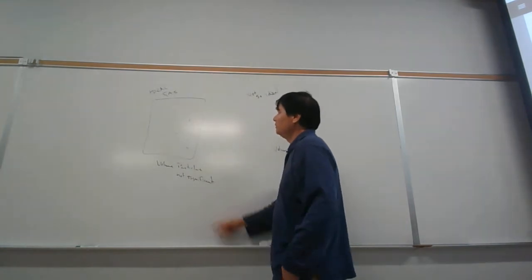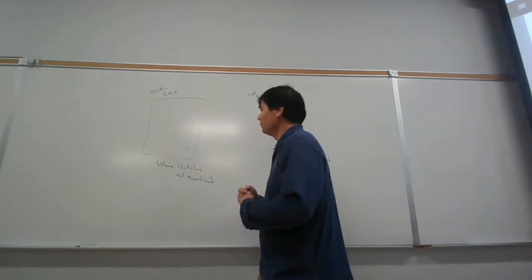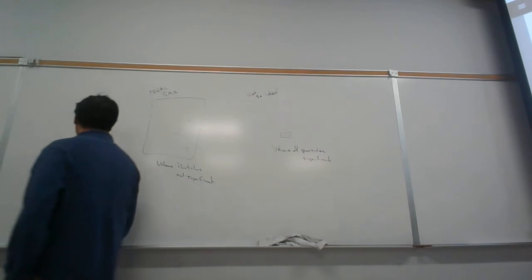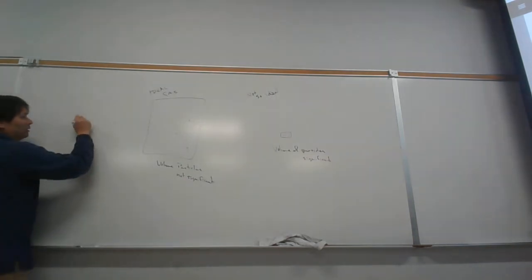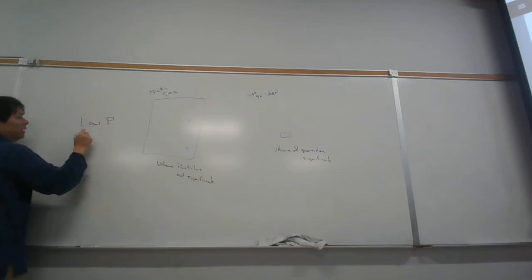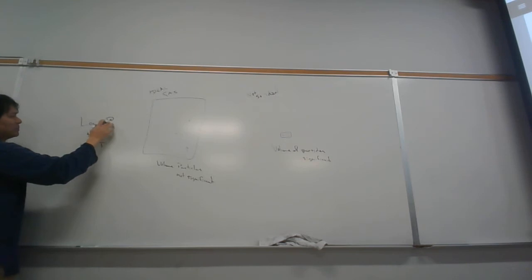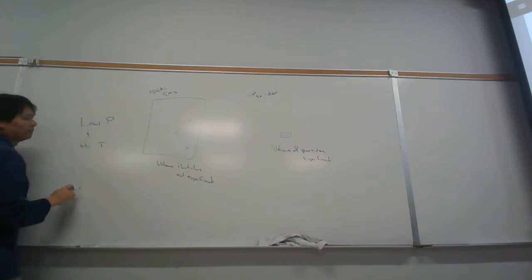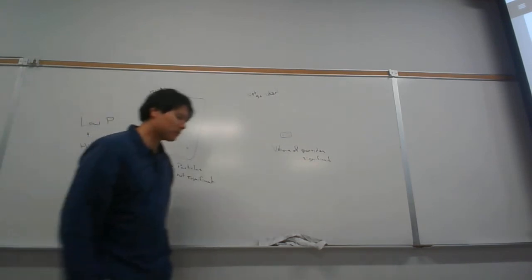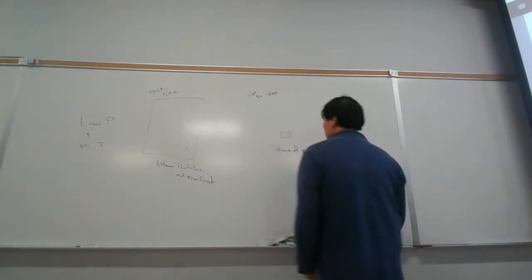And so to keep ideal gases ideal, what we want is we want low pressure and high temperature. Low pressure and high temperature is more ideal. And what that pressure and temperature is varies on what the gas is.